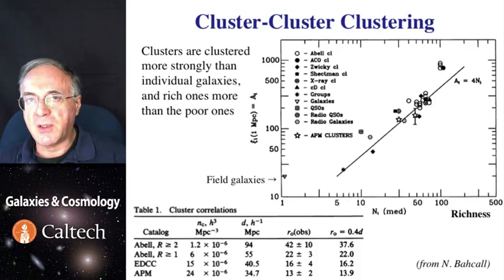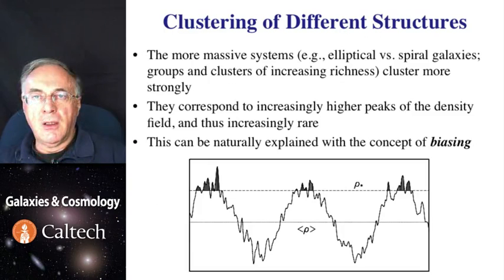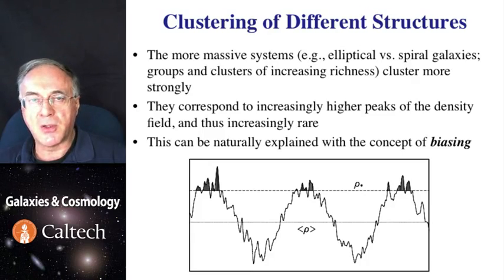This is actually a very interesting result, and at first it was puzzling why that should be so, until Nick Kaiser came up with the explanation that this is due to a phenomenon now called biasing. You can consider the density field, and so there are some high peaks and low peaks. Remember, it can also be decomposed into waves of large wavelength, with small wavelength fluctuations riding atop of large waves.